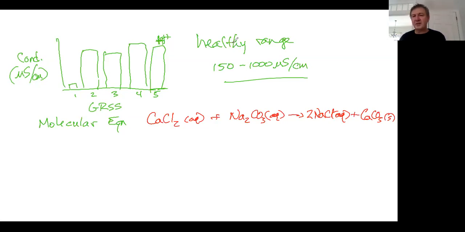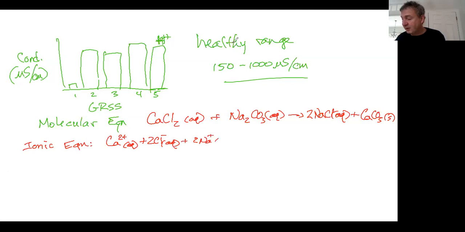All right, so what's the ionic equation? The ionic equation is totally annoying because it's going to take a while to write. Patience with me here. Ca2 plus aqueous plus 2Cl minus aqueous plus 2Na plus aqueous plus CO3 2 minus aqueous.